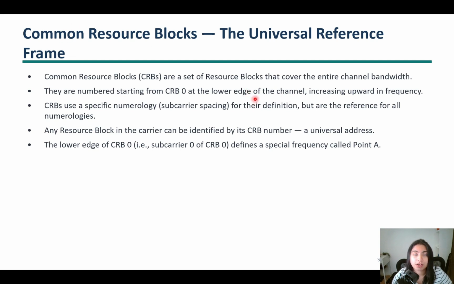Think of these CRBs like your office building. No matter what type of vehicle you arrive in, whether by bike or by a four-wheeler, you can always find the office building. Similarly, no matter which subcarrier spacing the UE uses, it can always identify the carrier by the common resource block and its number. And at the very bottom of this common resource block numbering, at CRB 0, sits point A.